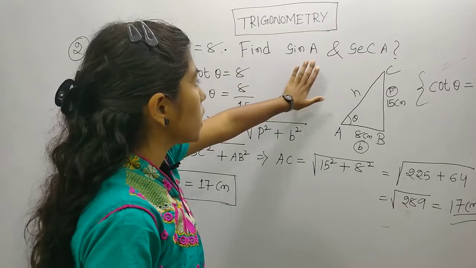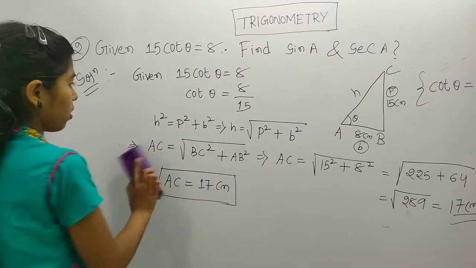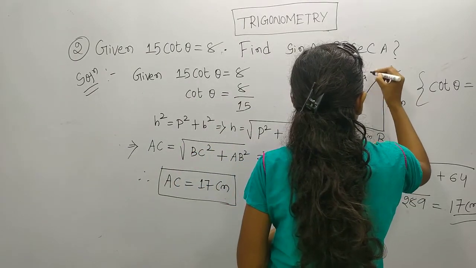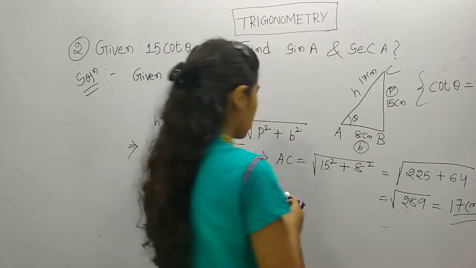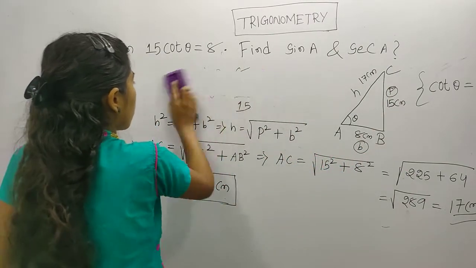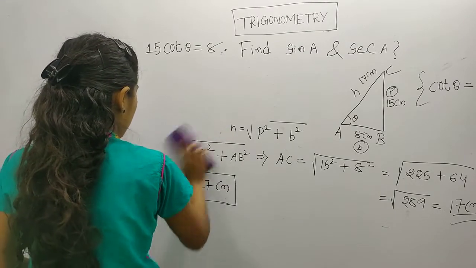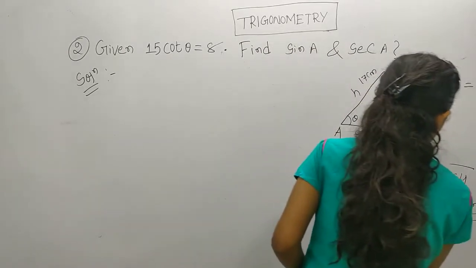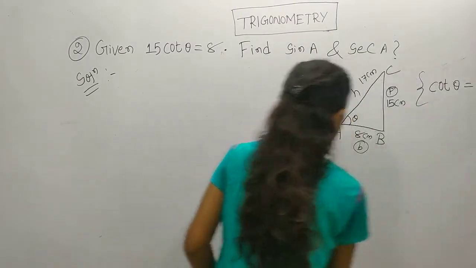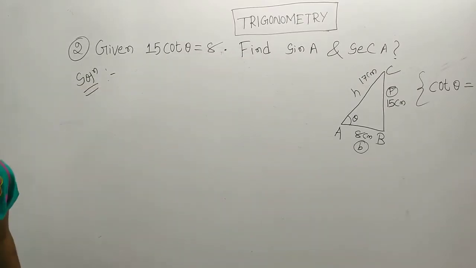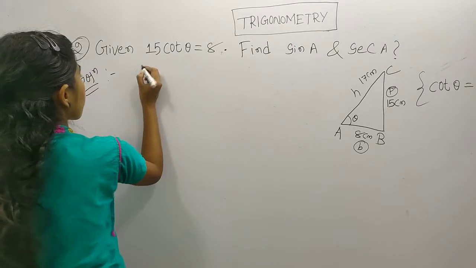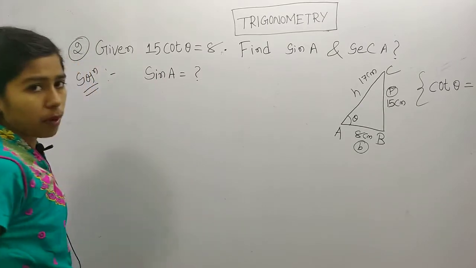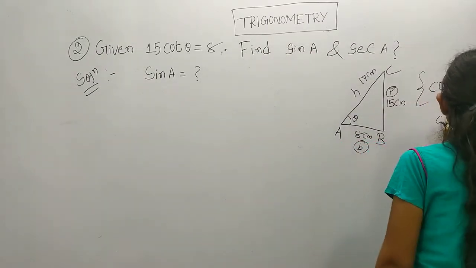Now it's time to find sin A. So first we write: hypotenuse is 17 cm. So here we have to see sin A. So now we need sin A. What is the formula of sin theta?